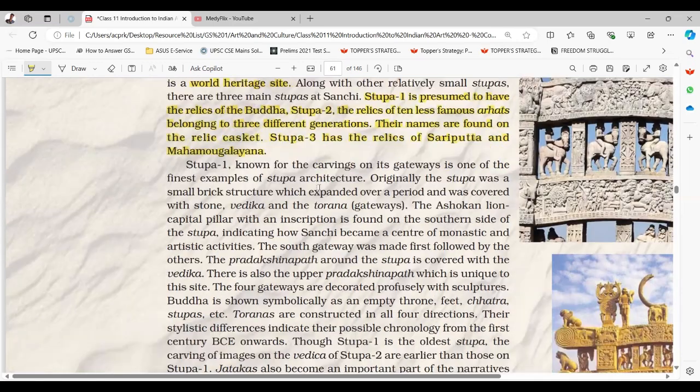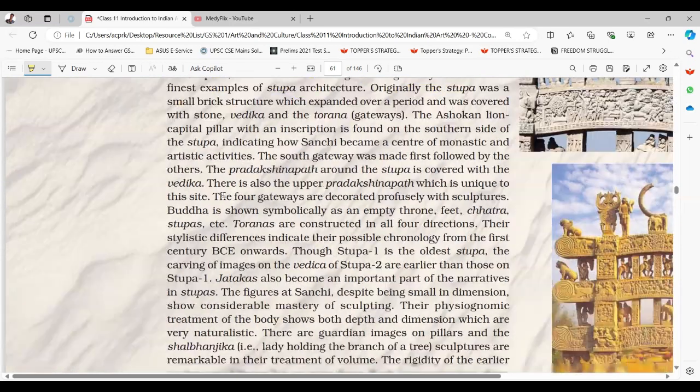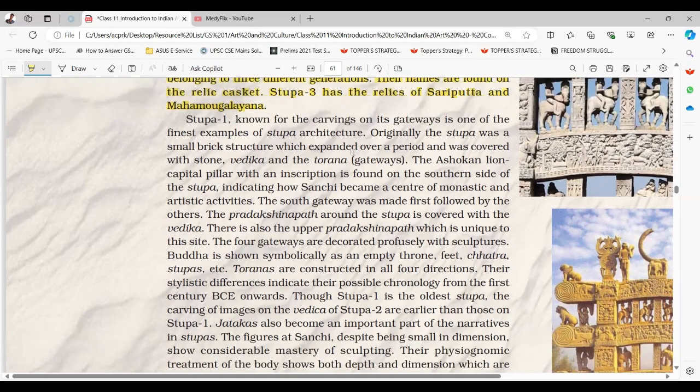Stupa 1, known for carvings on its gateways, is one of the finest examples of stupa architecture. Originally, the stupa was a small brick structure which expanded over a period and was covered with stone, Vedika and Torana, the gateways.